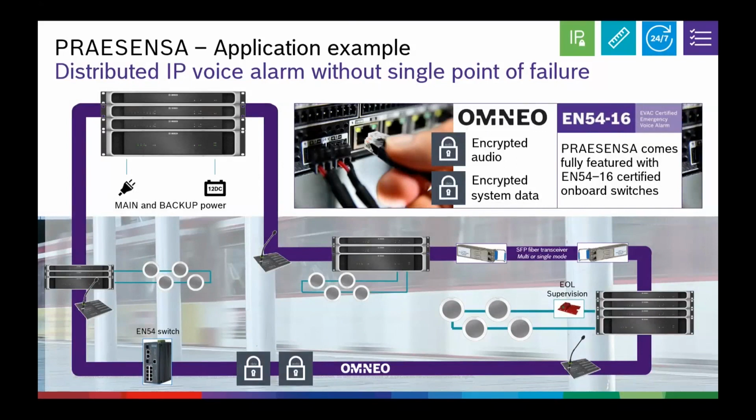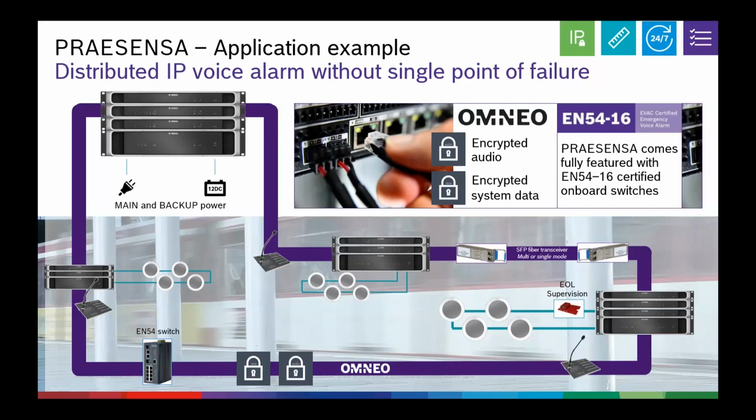So this is a short overview of what a PRAESENSA system looks like and how it is connected. It is a fully IP-based system, as already shown in the movie. Here you see an IP ring connection, which connects all the PRAESENSA elements with each other. In this IP ring, we are communicating and controlling audio.